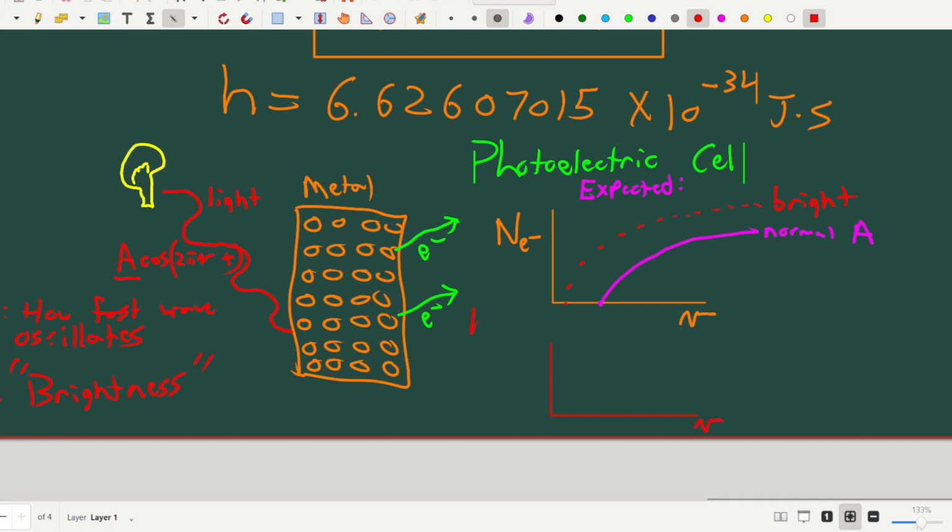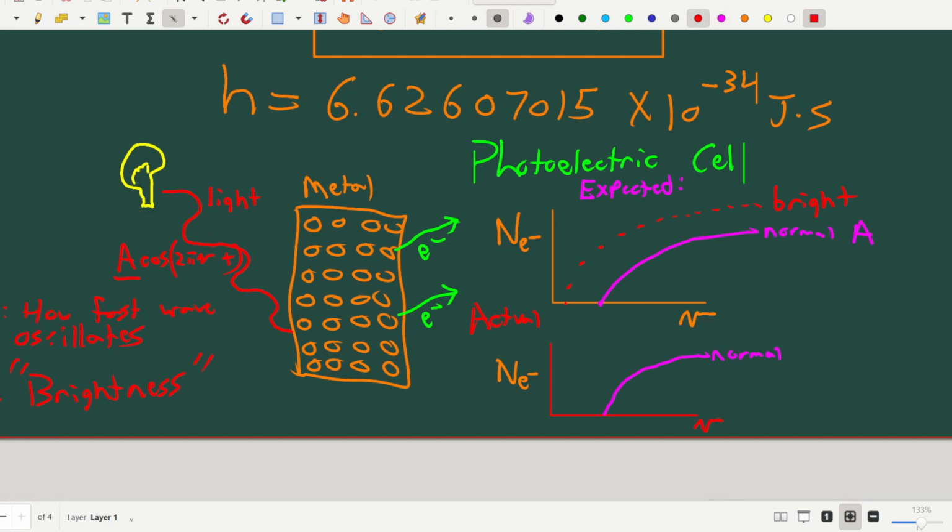So this is the actual measurement. And we're going to plot the number of electrons we see versus the frequency. And again, I'll plot with normal A with purple. Like that. This is normal.